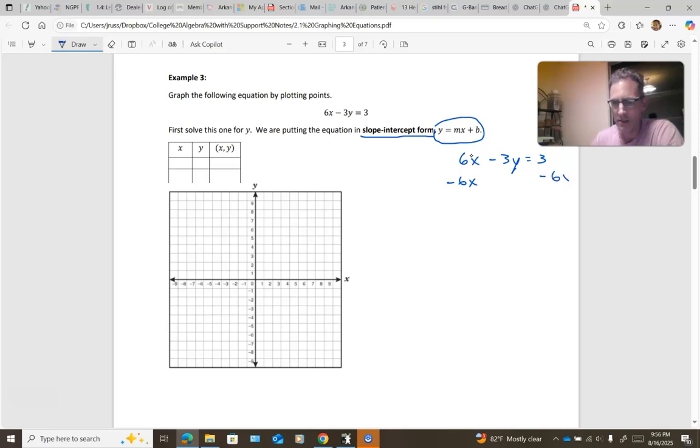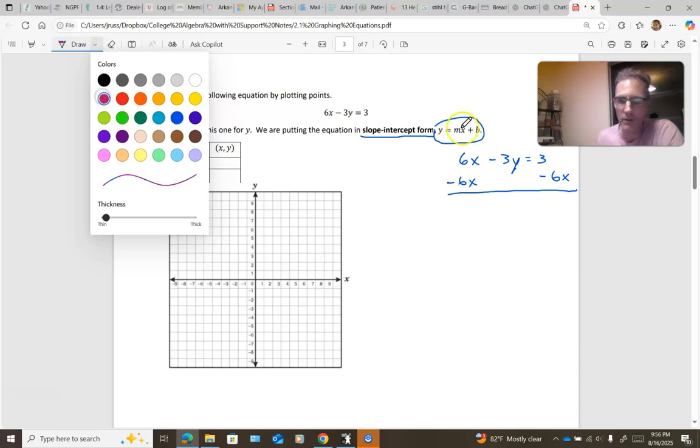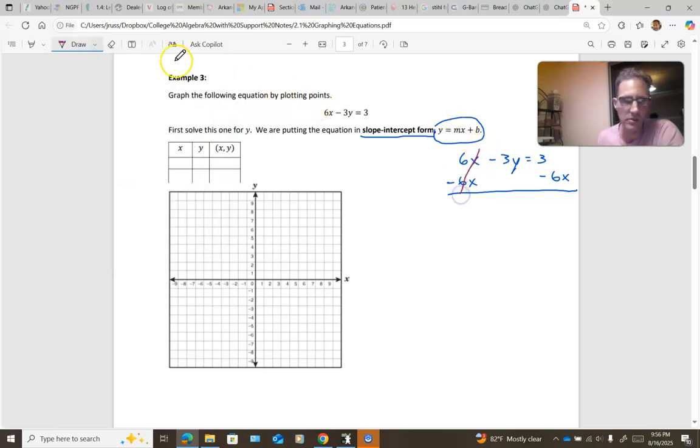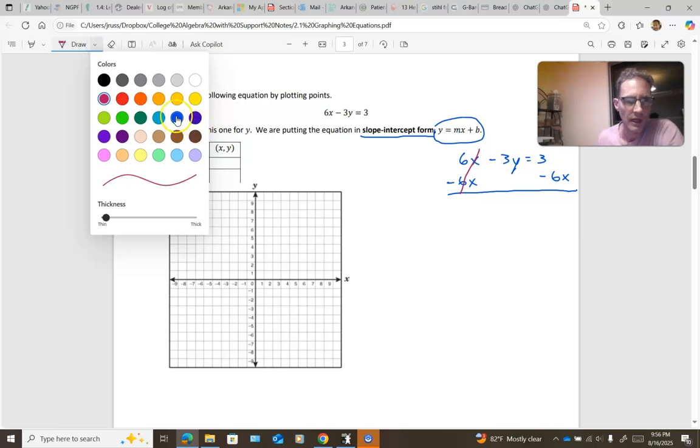So I'll subtract 6x from both sides of my equation. Because on the left-hand side, 6x minus 6x is 0, so I have nothing left right there. So you can just cross those out. And so all that leaves me with on the left-hand side is the -3y.